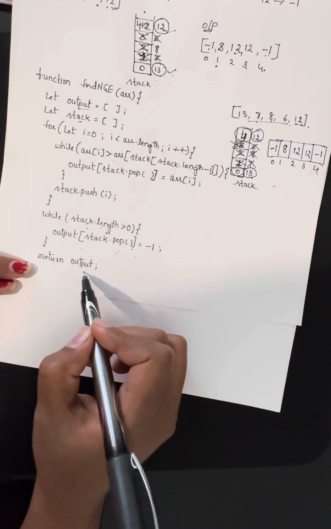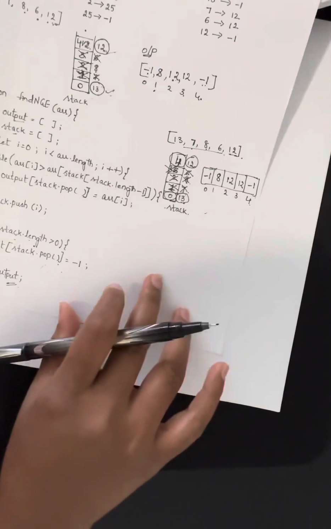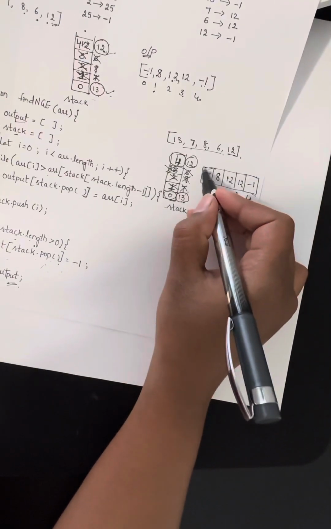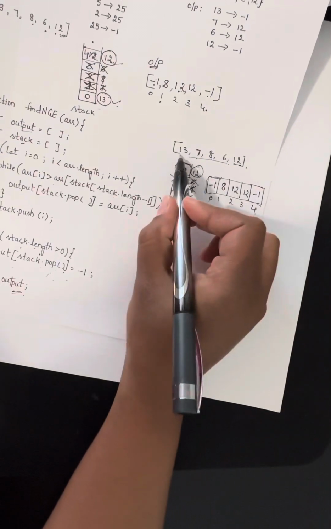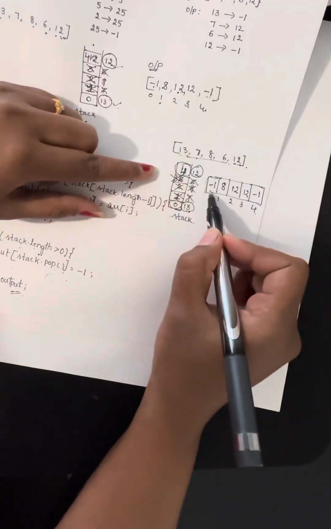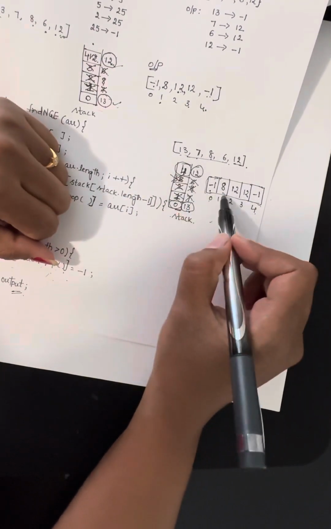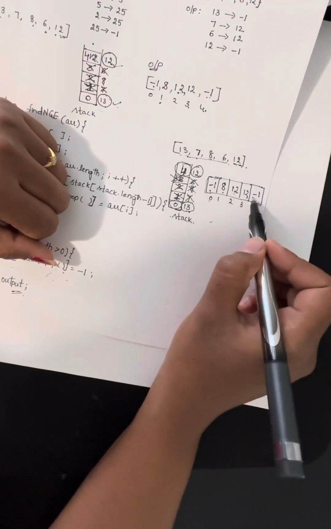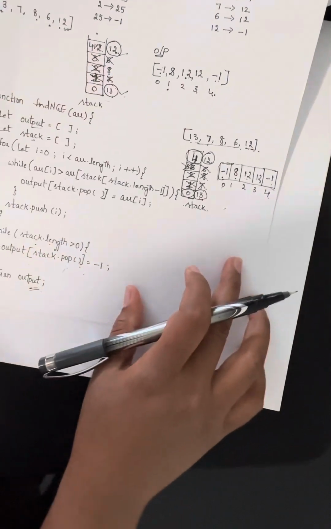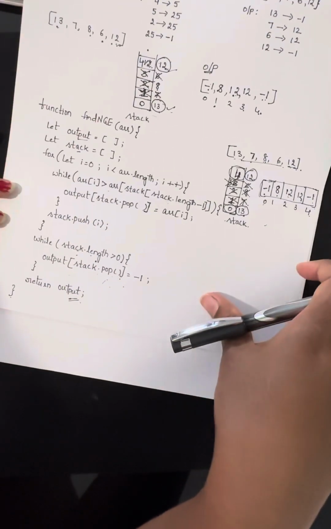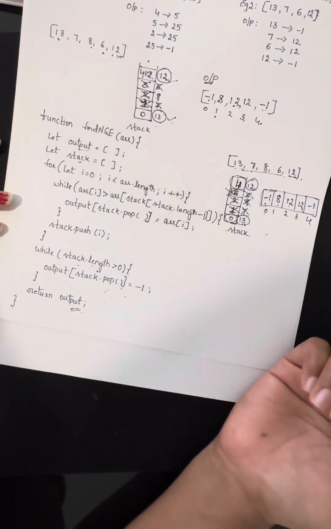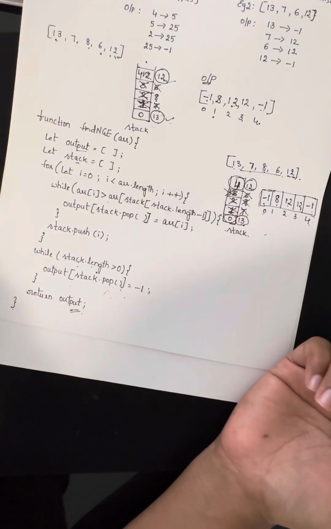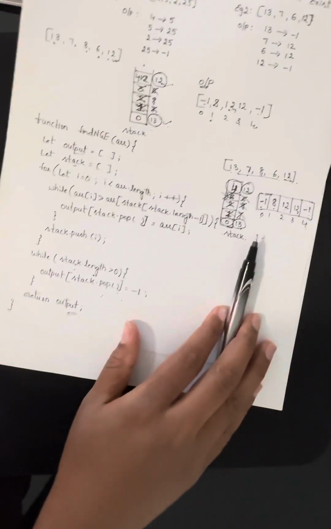Now we just return the output array, which is this one. So for 13 the next greater element is -1, for 7 it is 8, for 8 and 6 it is 12, and for 12 it is -1. So this is the code to find the next greater element for each element in the array.